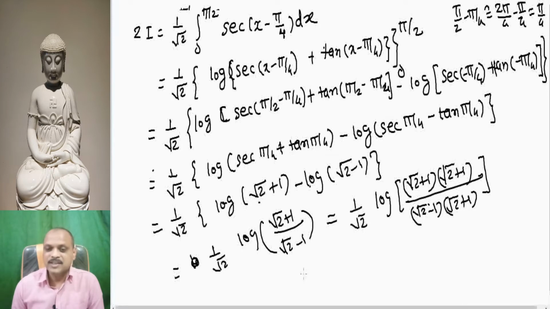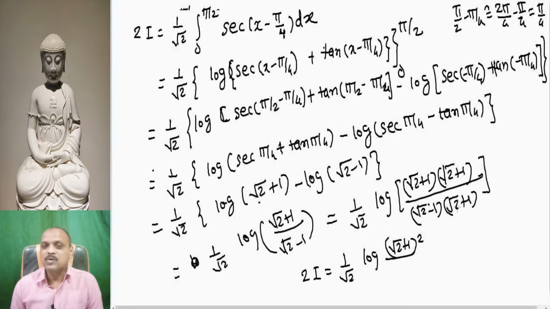Therefore you can see that this is 2I equal to 1 divided by under root of 2 log of under root of 2 plus 1 whole square in the numerator. Root 2 square will be 2 and 1 square is 1, 2 minus 1 is 1. Okay, so 1 divided by under root of 2 into 2 into log of under root of 2 plus 1.